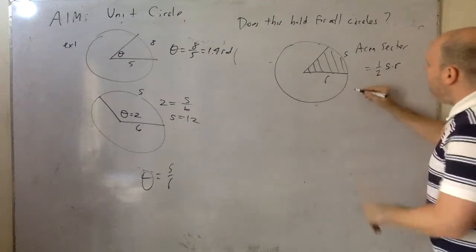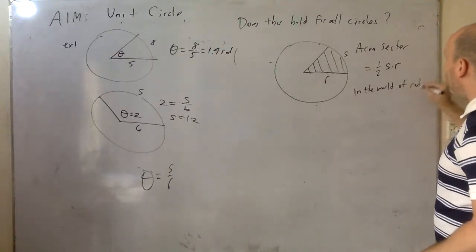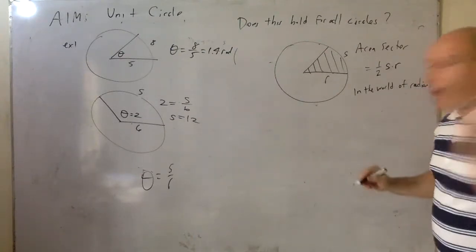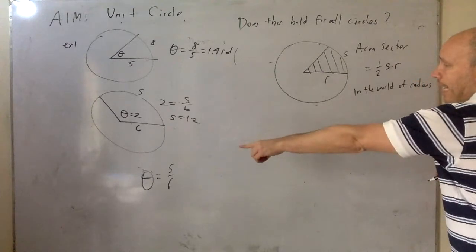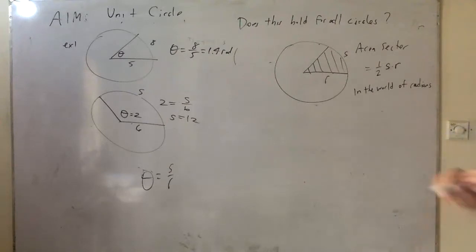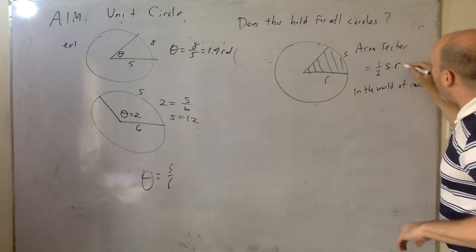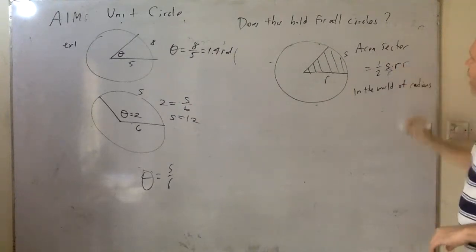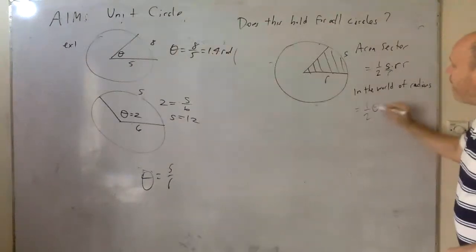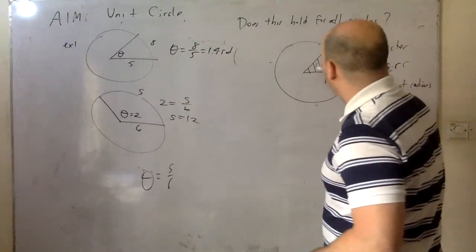Well, in the world of radians, and I'm going to say this a lot, you're in the world of radians, knowing that theta is equal to s over r, if I multiply by r here, but then put an r down there, I can rewrite this as 1/2 theta r squared, and that is the area of a sector.